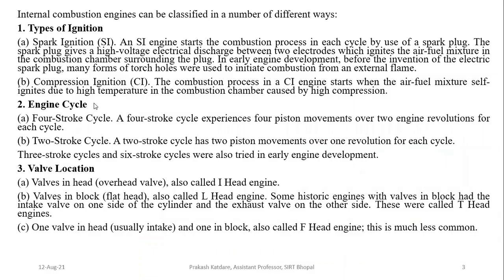The second type of classification in IC engine is dependent upon the engine cycle. So on the basis of engine cycle, we have either 4-stroke IC engine or 2-stroke cycle IC engine. In a 4-stroke cycle, we experience a total of 4 piston movements over 2 engine revolutions for each cycle.